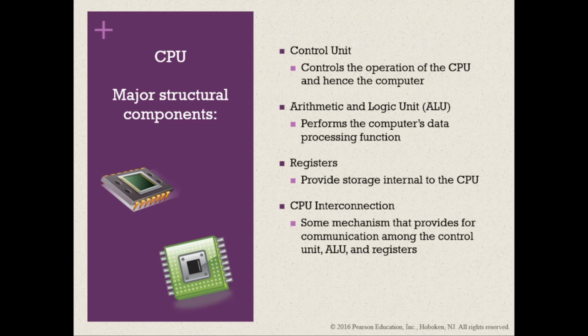Next are the registers, which provide storage internal to the CPU. And we also have the CPU interconnection, some mechanism that provides for communication among the control unit, the ALU, and registers.